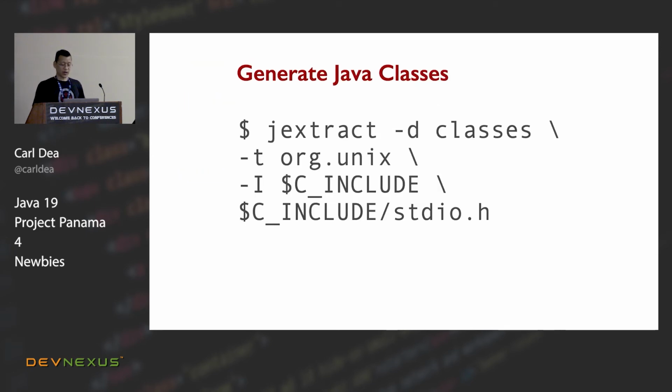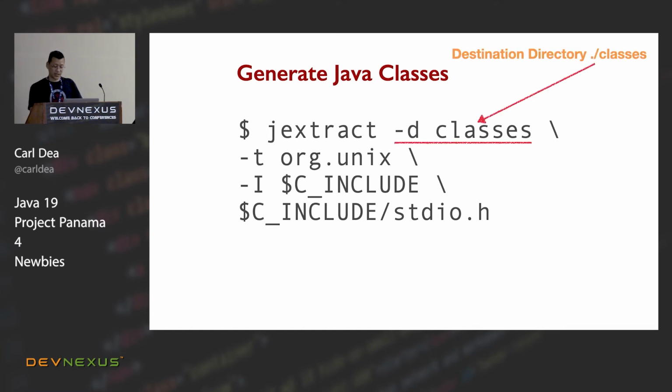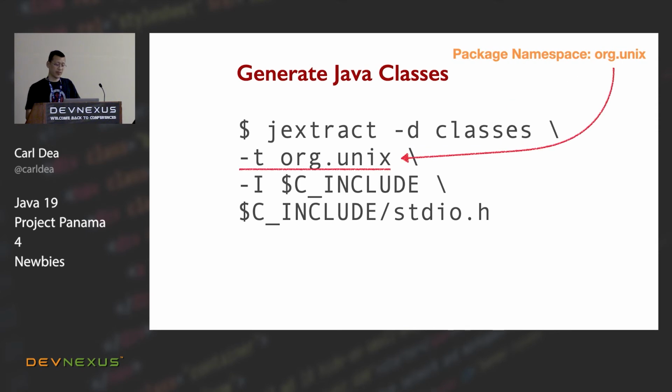Okay, so how do you run jextract? Like we said before, -d says, hey, I'm going to create a bunch of compiled class files. I want to put them in this directory called classes. Next, I want stdio.h put in a package namespace of org.unix.